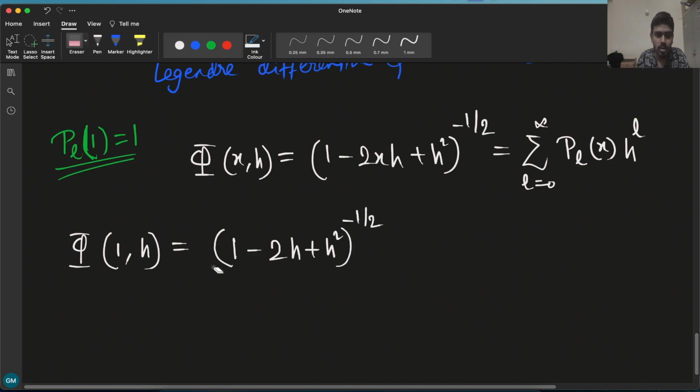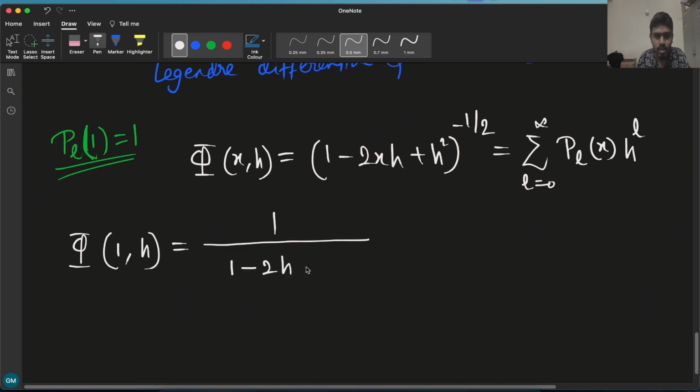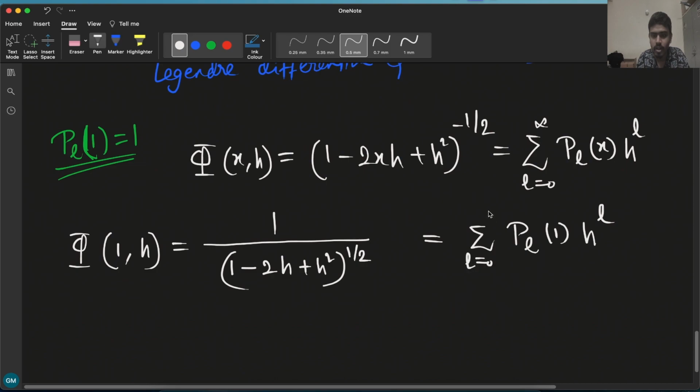I can write it as 1 by (1 minus 2h plus h square) whole to the power half equals the sum over p_l(1) h to the power l, l equals 0 to infinity.